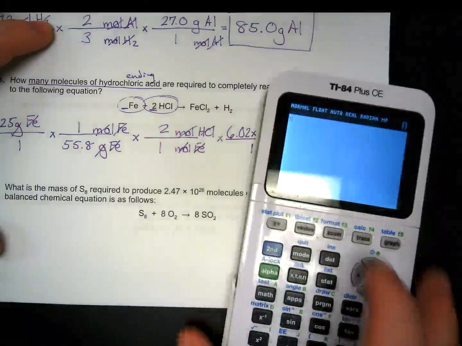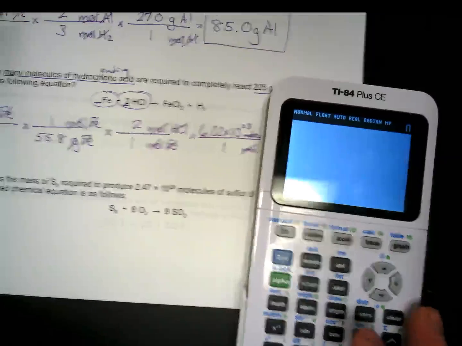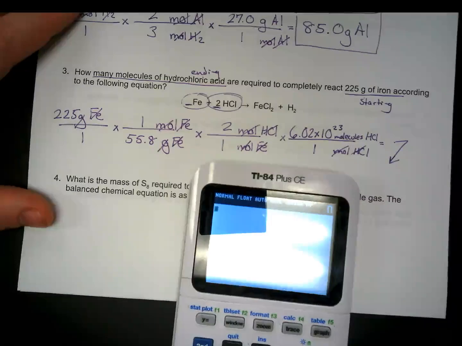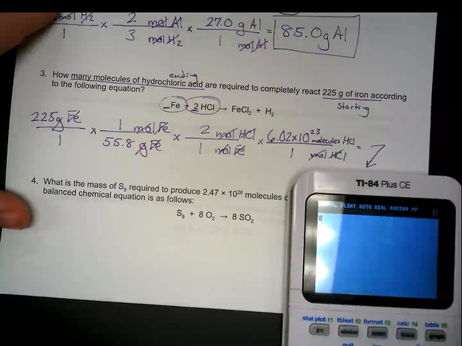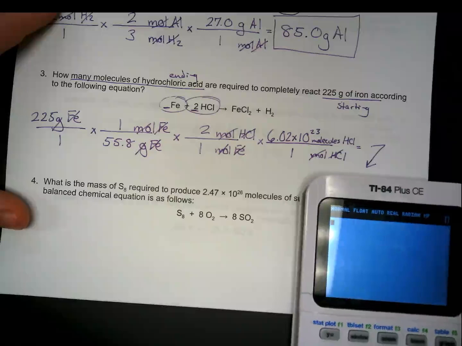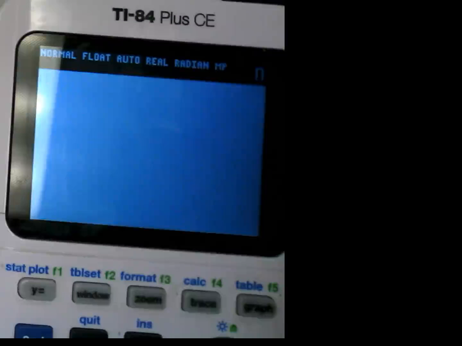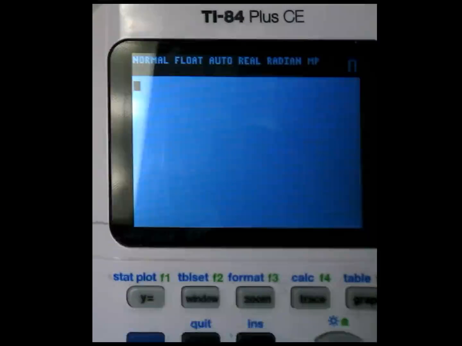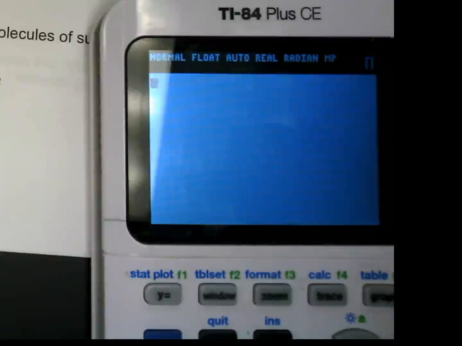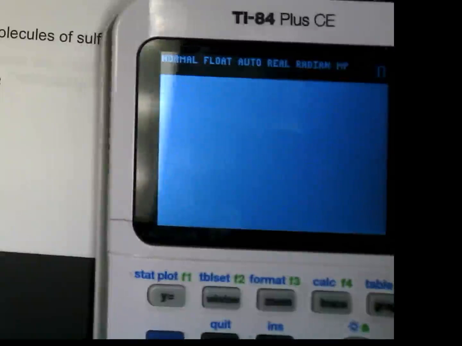So now I'm going to pop this big long equation into my calculator. I'm trying to find that magical sweet spot so you can really see my calculator. Okay, so I'm trying to keep that glare out.